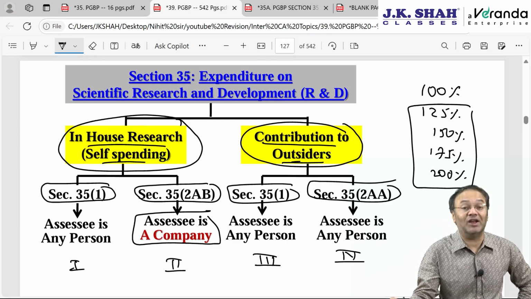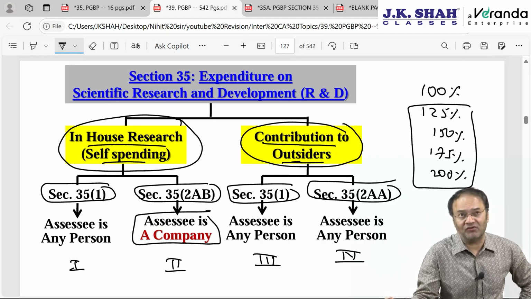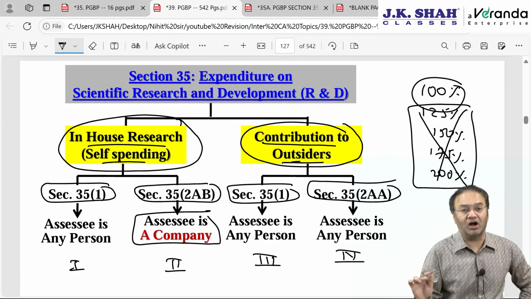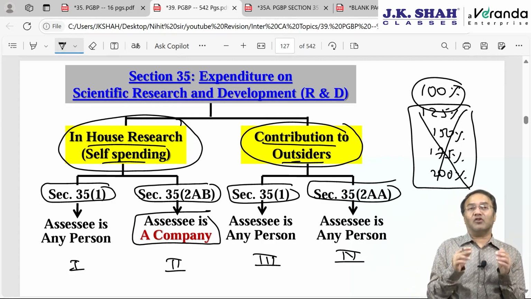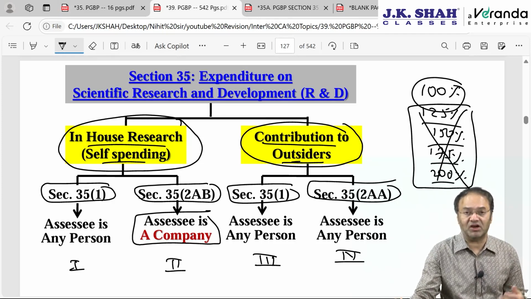These used to be called weighted deduction. Now gradually the Modi government came, and from AY 15-16, 16-17 they started streamlining everything, and now all weighted deductions are gone. Everywhere it is 100% only. So from an exam perspective, you don't need to bother about where it was 175 or 125.